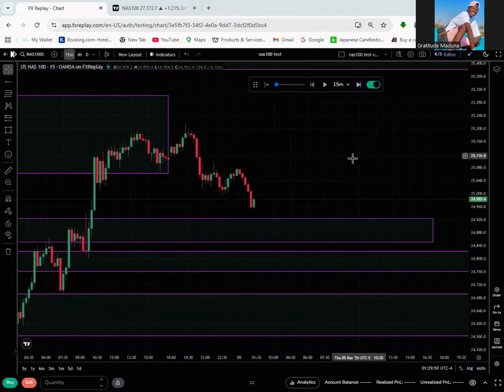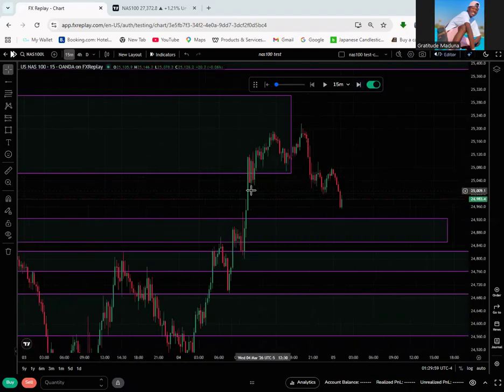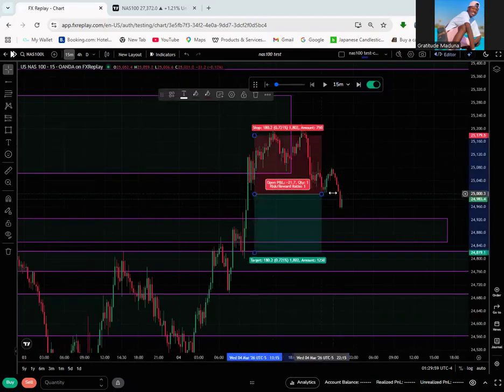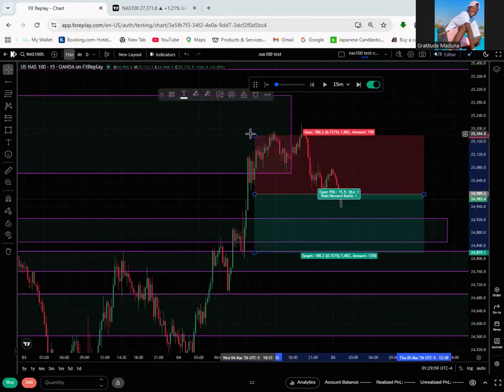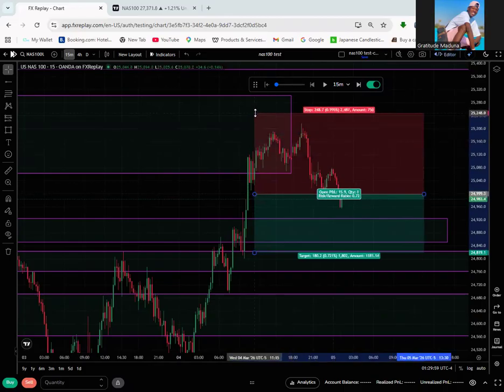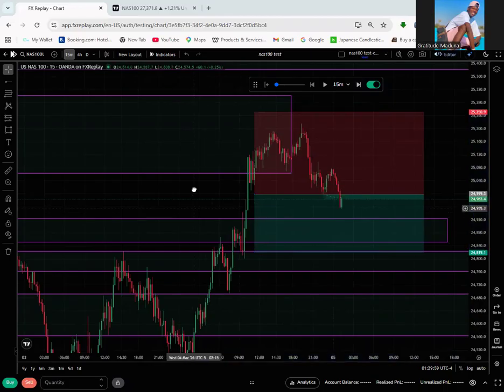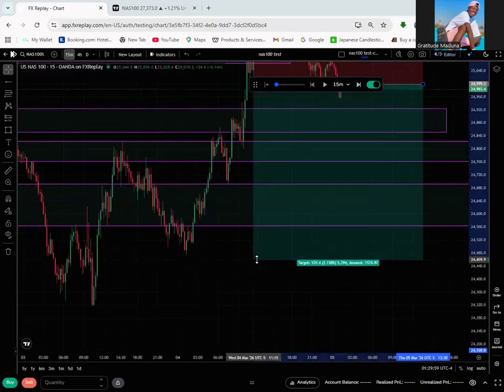Okay, I think we might have a clean break off. Let me just do this. Short this from here. I'm just going to make it 250, see if we can get a 500 point trade.